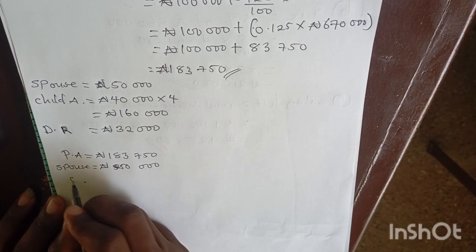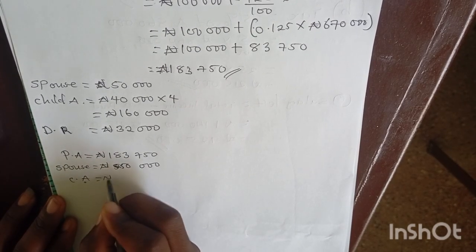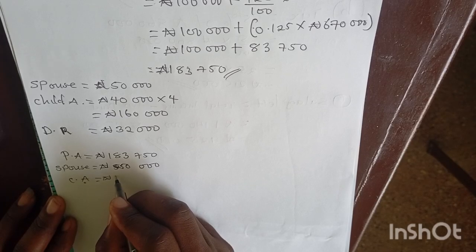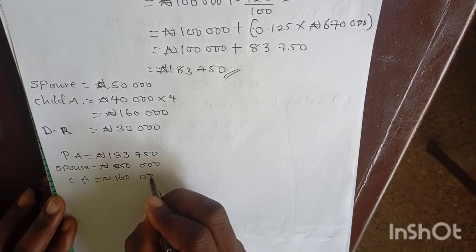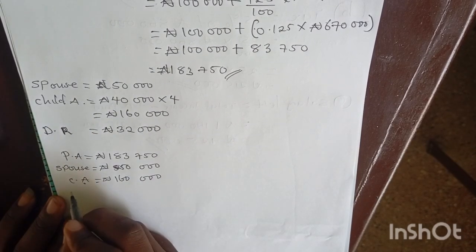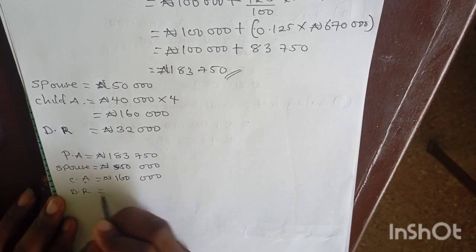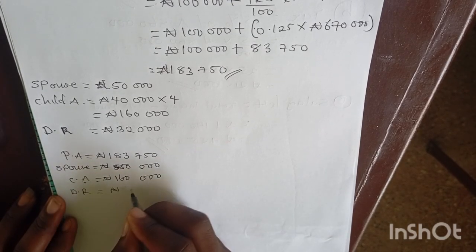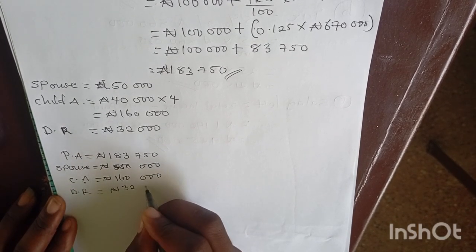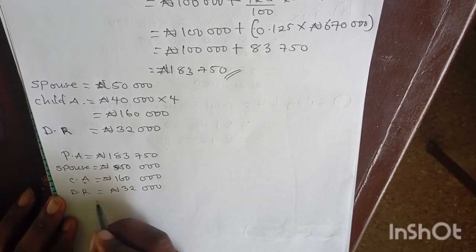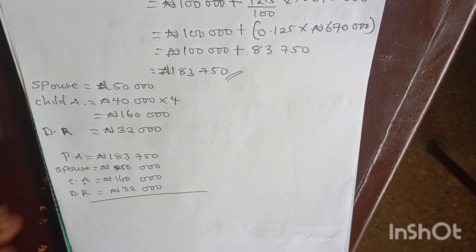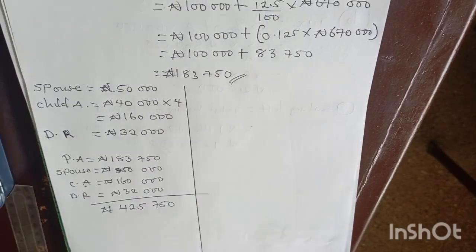And then we are having child allowance, which is equal to 160,000. Then we have dependent relative, which is equal to 32,000. So now we are going to sum up the whole of this together.